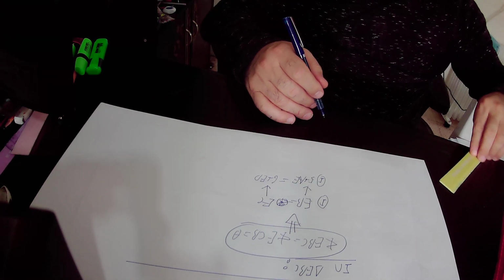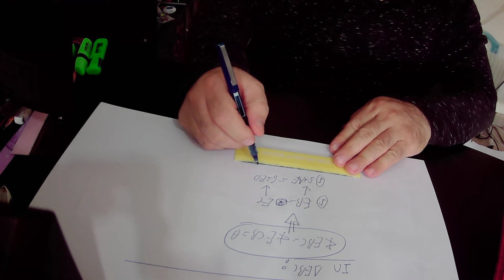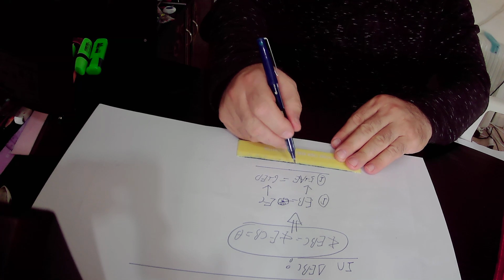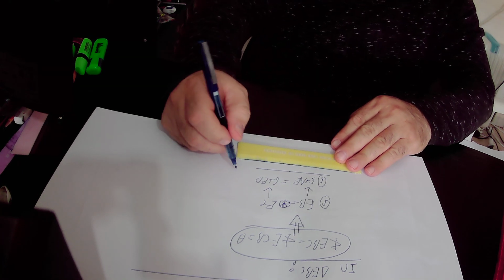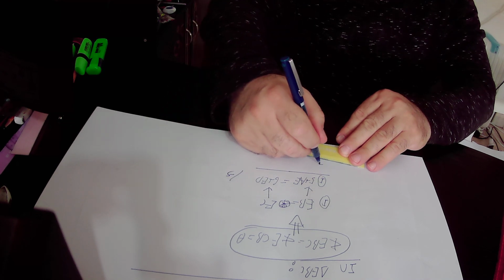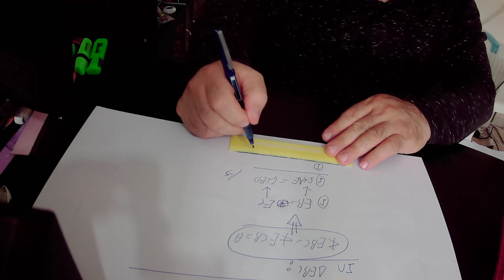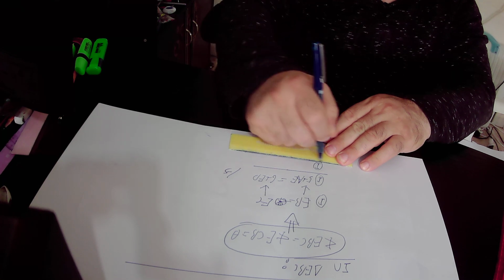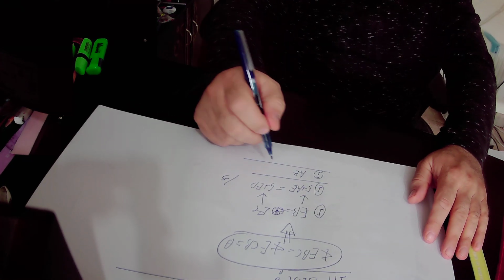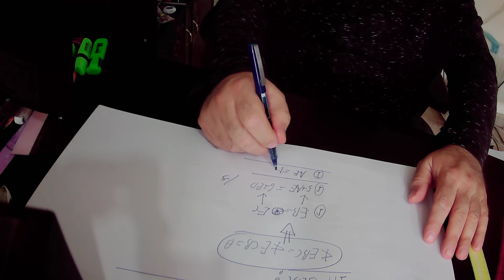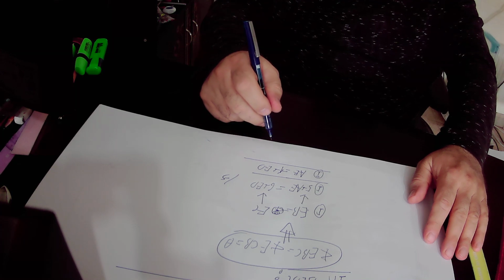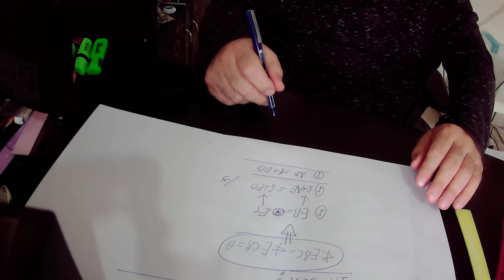According to equation number 1, 5 plus AE equals 6 plus ED. We subtract 5 from this equation, and we get that AE equals 6 minus 5, which is 1, plus ED. So AE equals 1 plus ED according to equation number 1.